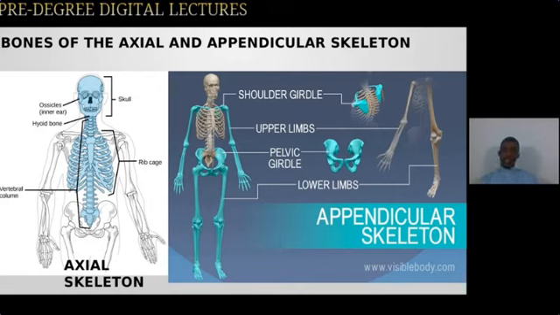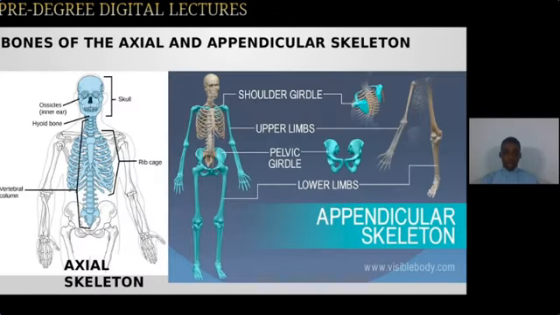And then the appendicular skeletons are the other skeletons that hang on the axial skeleton. That's the shoulder girdle, upper limbs, pelvic girdle, and lower limbs. They are all part of the appendicular skeleton.